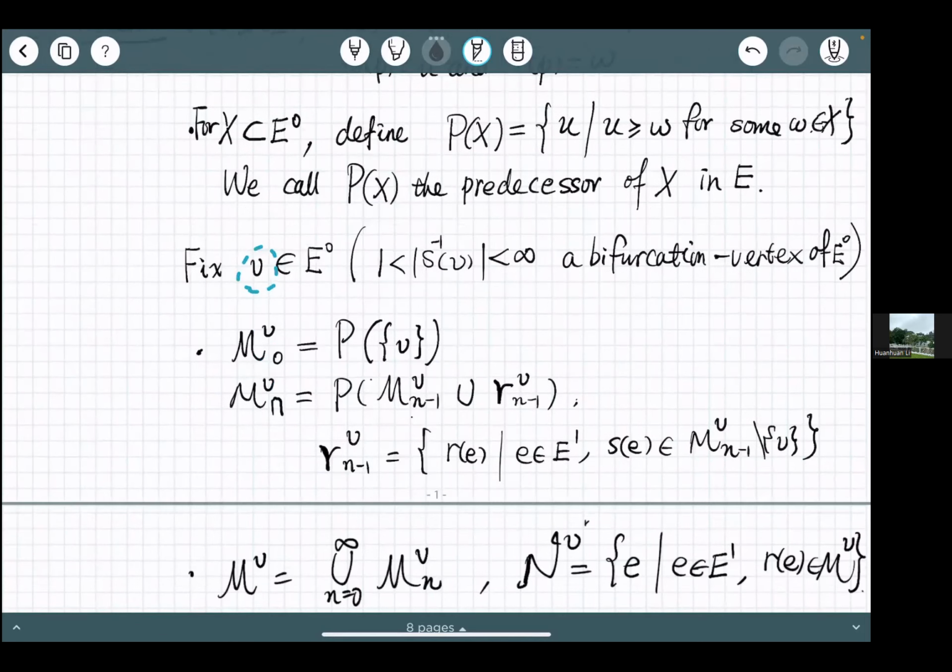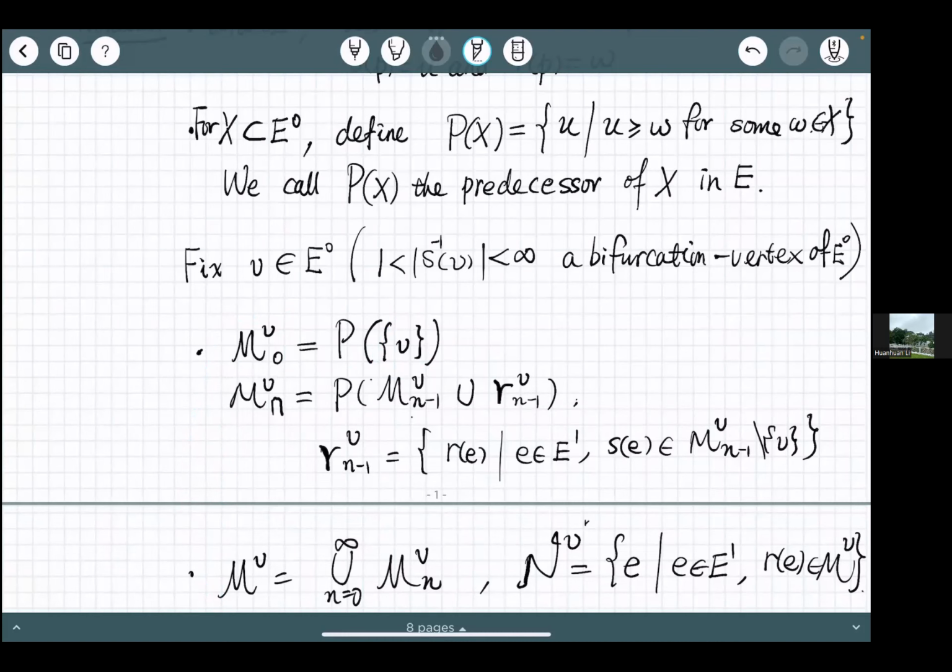In the following, we will define all these sets, which we will use to define the new graph. The first one is M_0^v, the predecessor of the set which only contains v. This is a subset of E0.